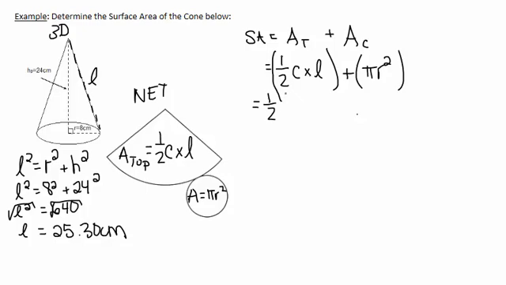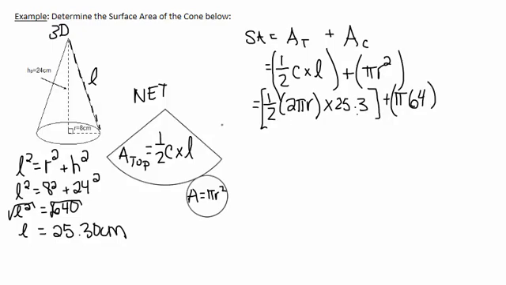So circumference is equal to 2 pi r times the slant height, which is 25.3. And then we can sub in our 8 for r, which becomes 64 once we square it. And now these two numbers cancel each other out.